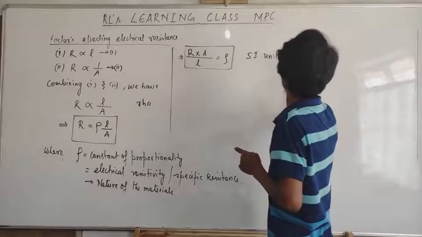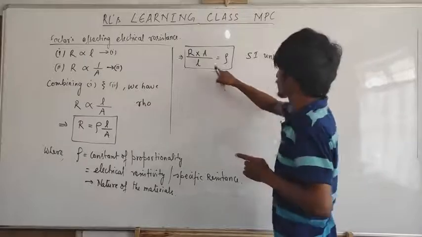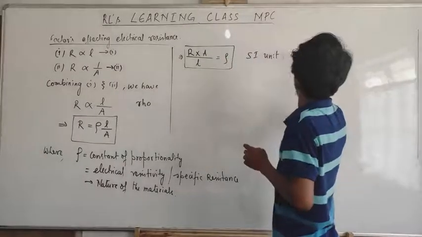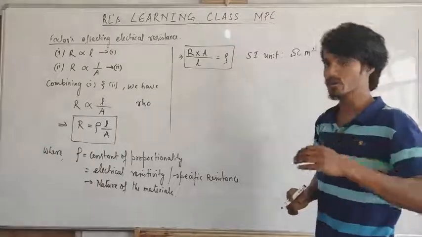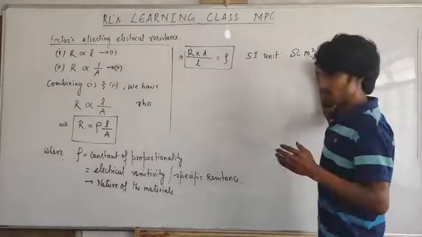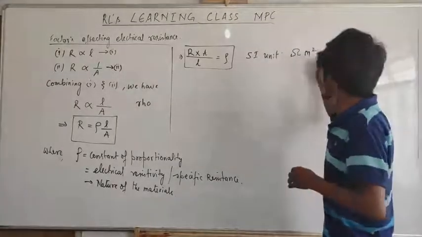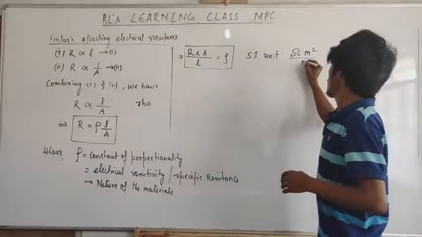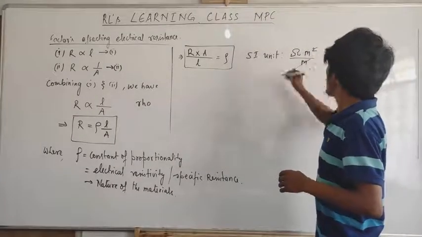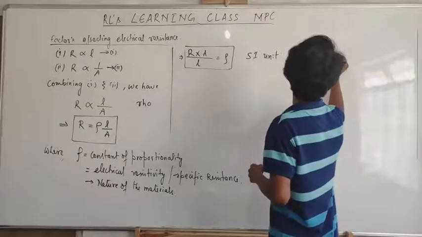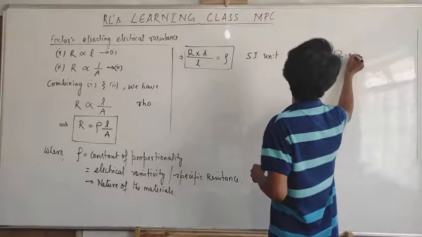Then the SI unit of area is meter square, which you have done in class 8 or in maths, and the SI unit of length is meter. Then meter and meter cancel, so we get the SI unit as ohm meter.